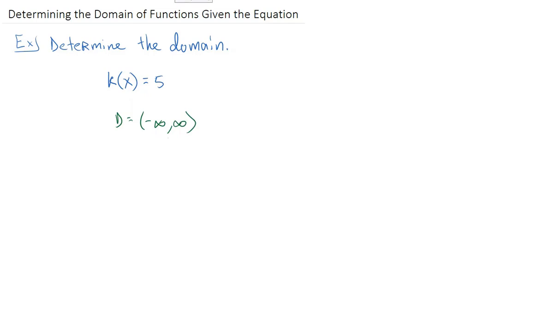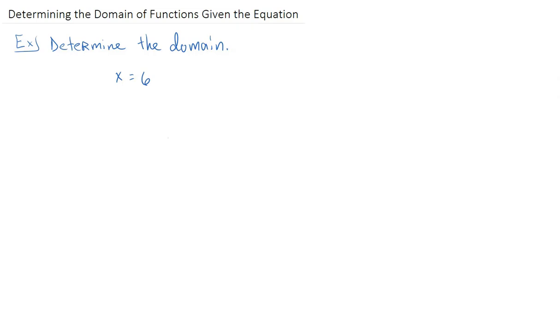Alright, I'm going to try to trick you on the next one. Let's say we have x equal to 6. What would the domain of that be? The reason this one's tricky is because it's not one of the general functions we've learned. We've learned how to graph this, but it actually graphs as a vertical line. You can still determine the domain of any relation.